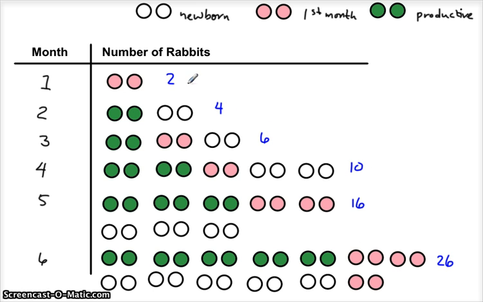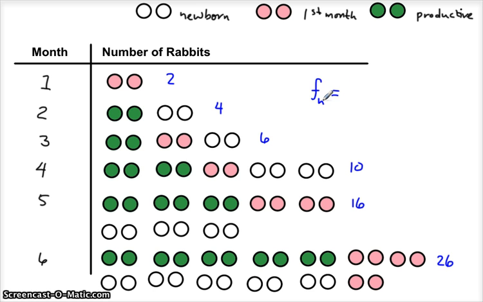And with the 6, 2 plus 4 gives us our 6. So we can say that the sequence pattern for this particular set, if we call it f sub n, is really based on the 2 previous months to be able to determine what's happening in the current month, which is totally a legitimate setup for a pattern for a sequence.